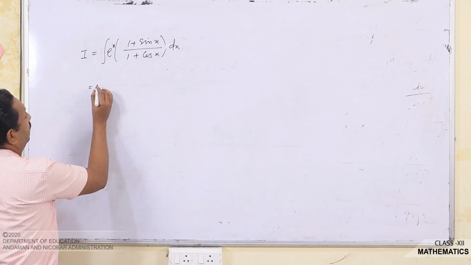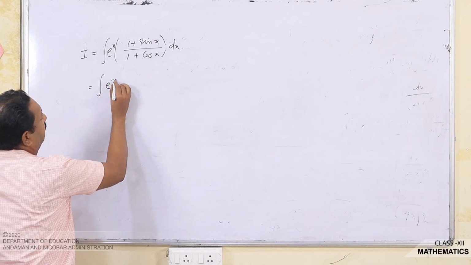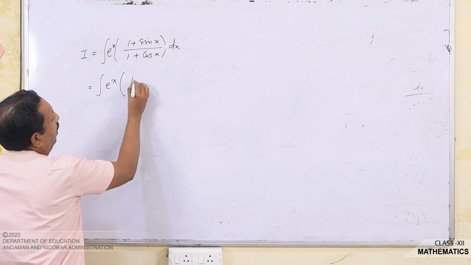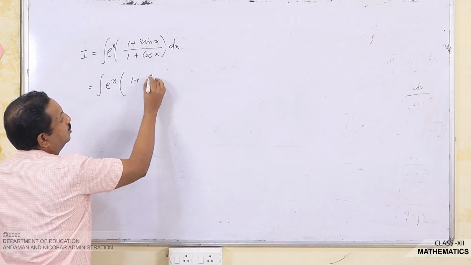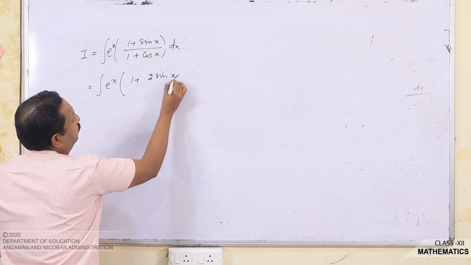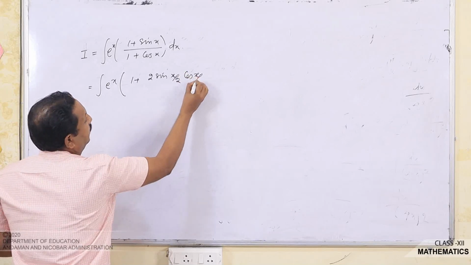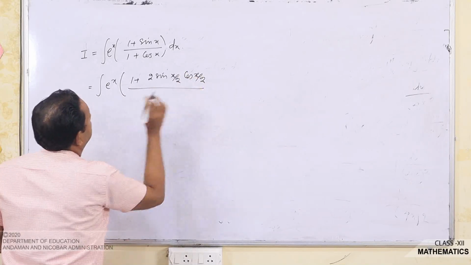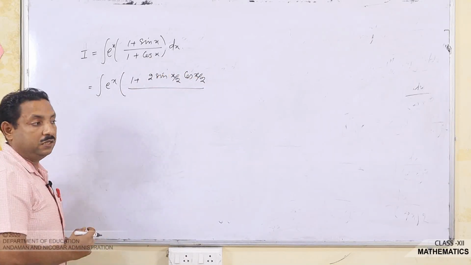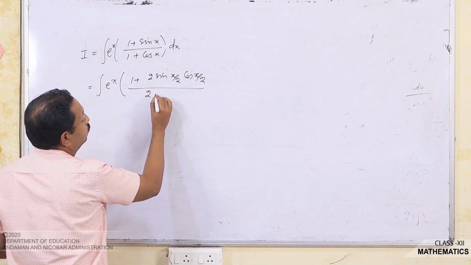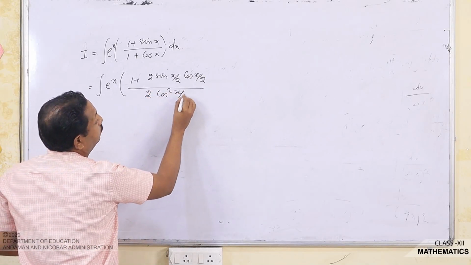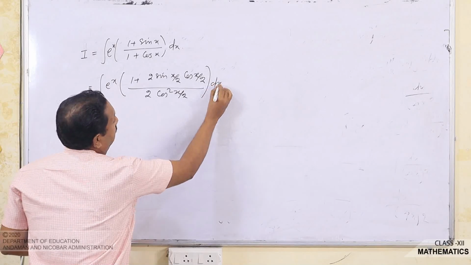Now this can be written as e power x (1 plus sin x). So sin x can be written as 2 sin x by 2 cos x by 2, and 1 plus cos x, that you all know, can be written as 2 cos square x by 2, dx.